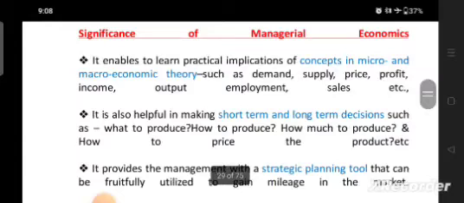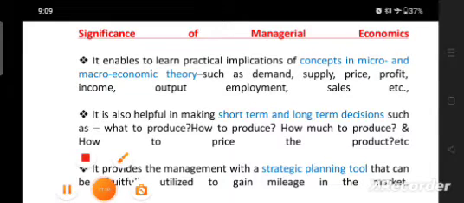And the next topic is the significance of managerial economics. What are the significances of managerial economics? The first significance is that it enables us to learn the practical implications of concepts in micro and macroeconomic theory, for example demand, output, employment and so on. It is also helpful in making short and long term decisions. It provides the management with strategic planning.